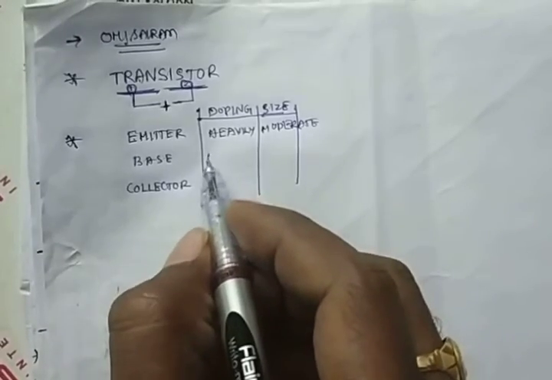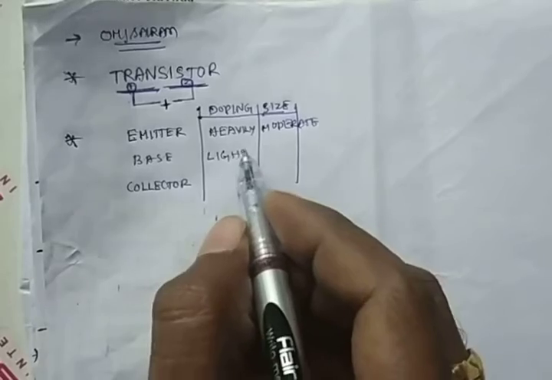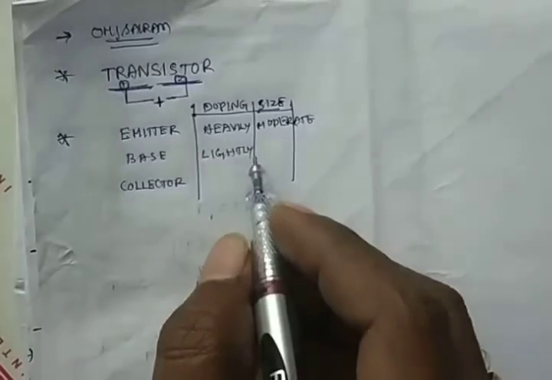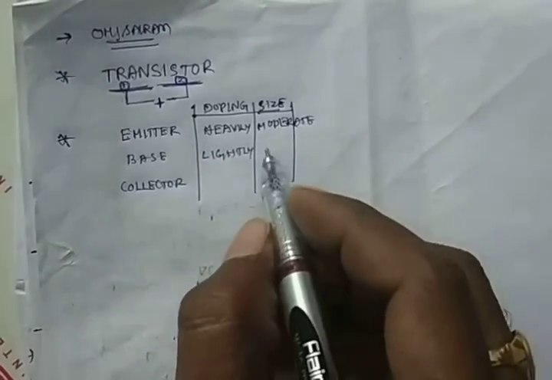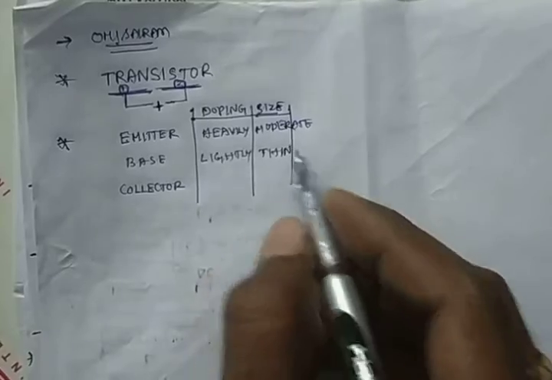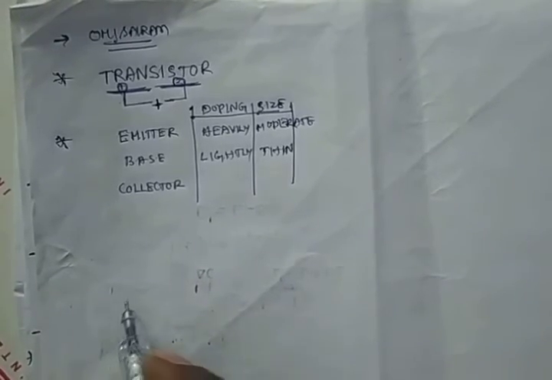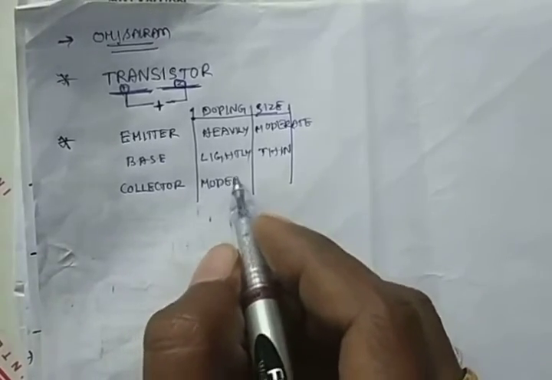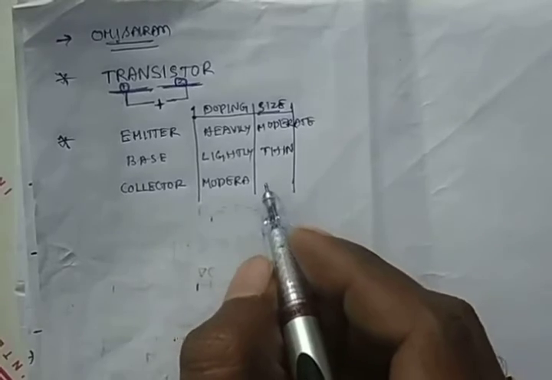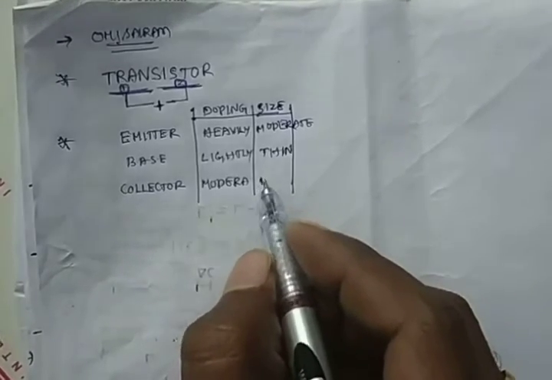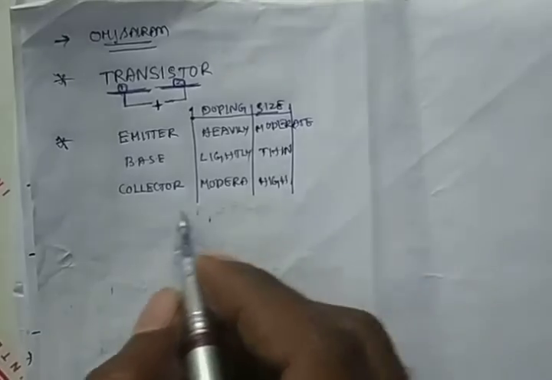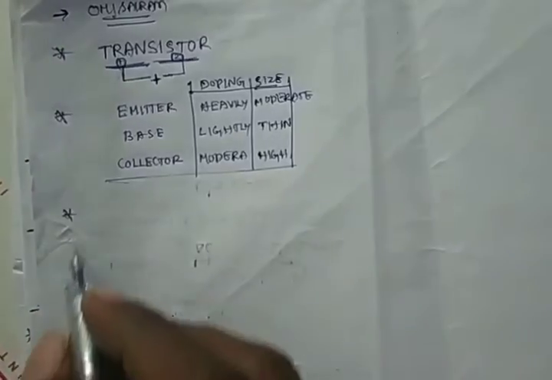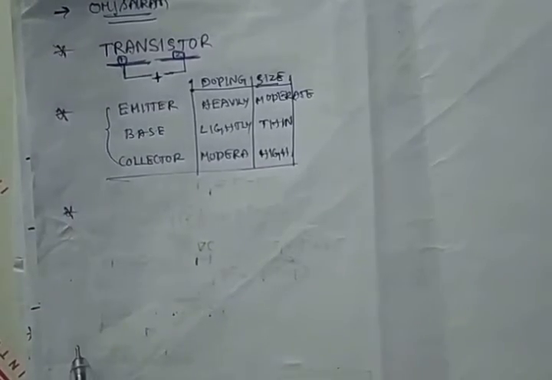Base is lightly doped and size is thin. Collector is moderately doped and size is high. Okay. Every transistor contains these three terminals.